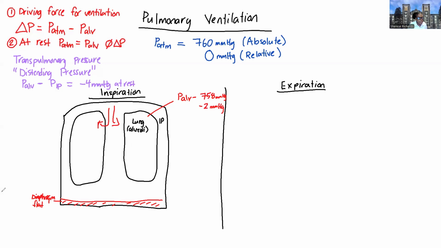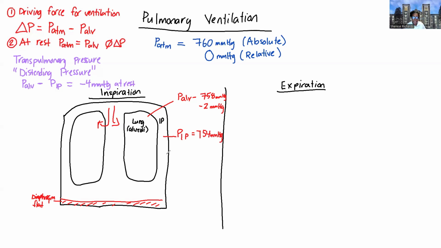So let's describe that here. We also want to think about the intrapleural pressure. So the intrapleural pressure in between the pleural space is going to be absolute 754 millimeters of mercury, right?